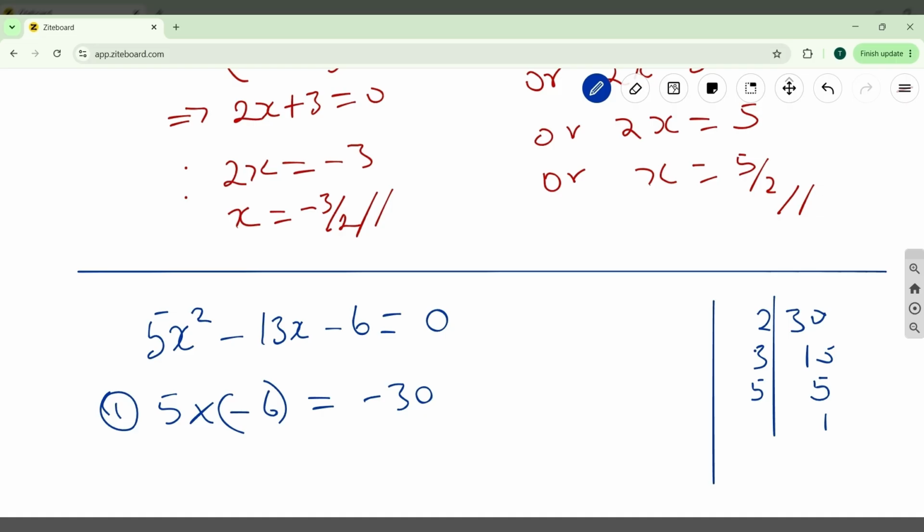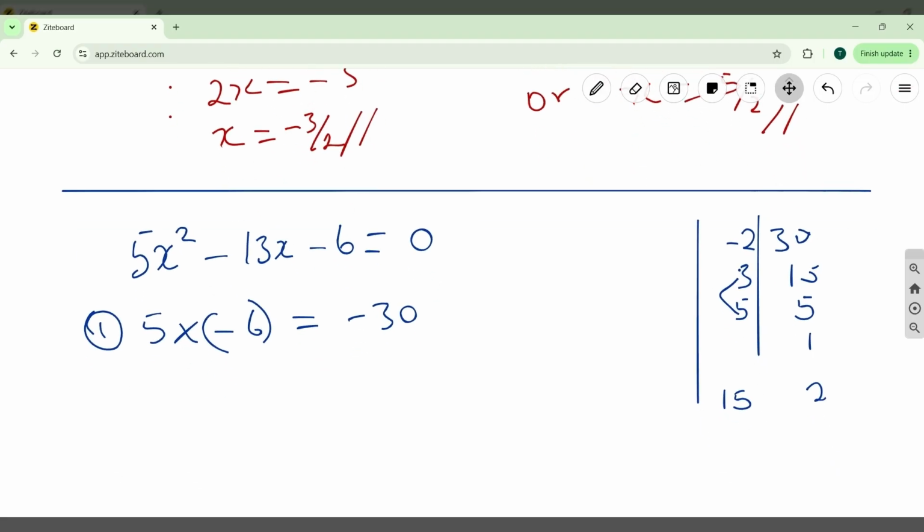So we can also say that these numbers are, I can pick 5, and let's try 5 and 2, 5 and 3, and then 2. 5 times 3 is 15, and then 2. So let's do that. Remember, we are looking for negative 30 and negative 13 for product and for sum.